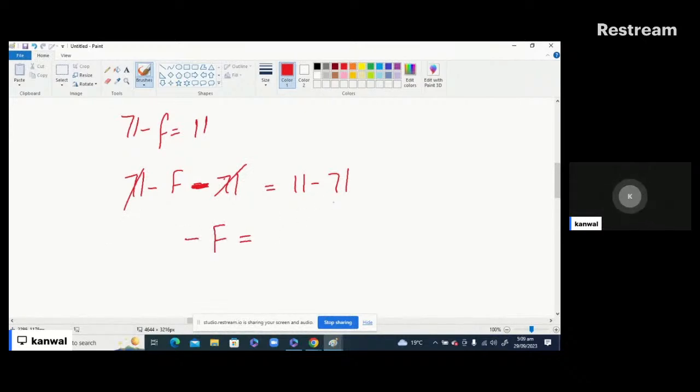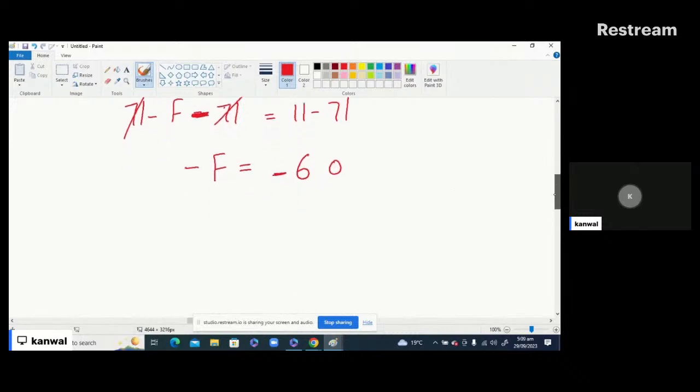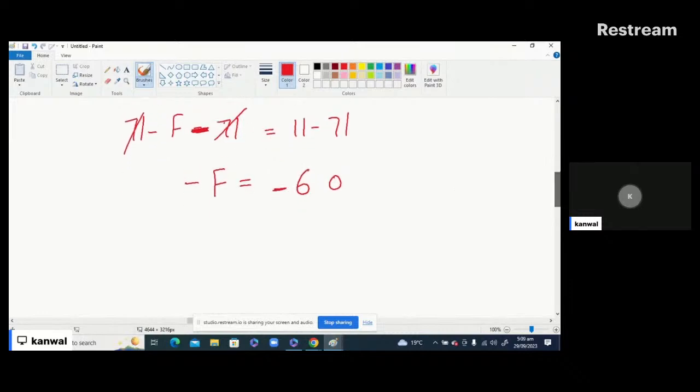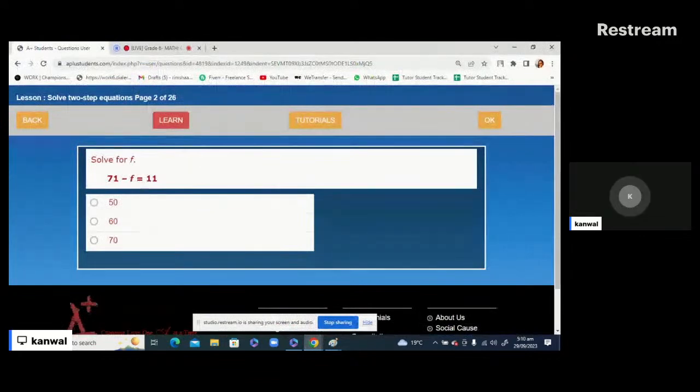So 11 minus 71 is 60, but with negative sign. This minus sign cancels, so value of f is only 60. Is there any option for 60? Yes, the B one.